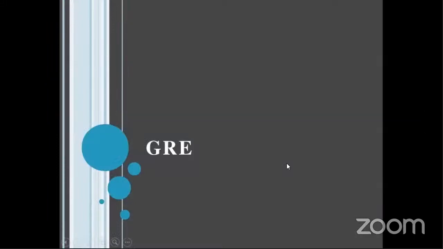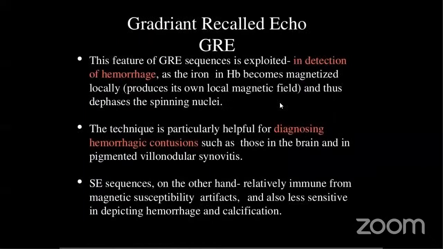Coming to gradient echo sequences, why are we talking about them here? As I said, other than infarct, another thing you need to look for in an emergency setup is bleed, hemorrhage. So gradient recalled echo sequences are exploited in detection of hemorrhage. That is basically susceptibility weighted imaging, right?